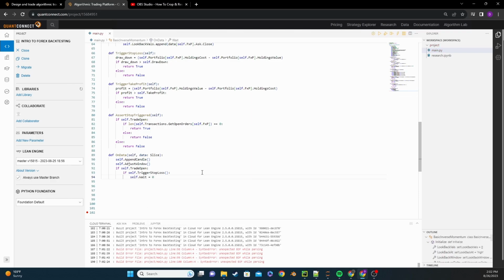At some point in this function, it's going to close the trade for us. So we're just saying, hey, go ahead and do that. And likewise. So either one of these will trigger the position to be closed.